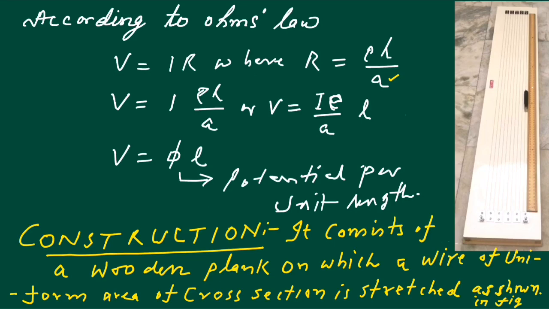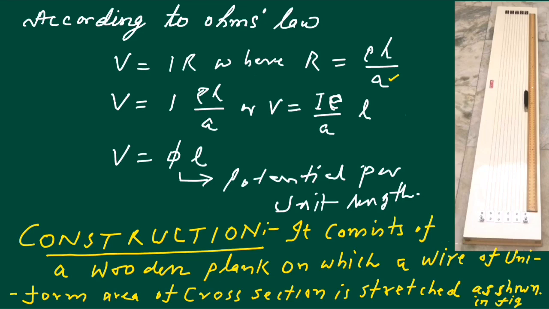In place of R, V equal to I rho L upon A, or V equal to I rho upon A into L. I is constant, rho is the specific resistance, that is also constant, and A is the area of cross section of the wire, this is also constant. Therefore, we use a new symbol, phi, known as the potential gradient, potential per unit length. Therefore, V equal to phi L.